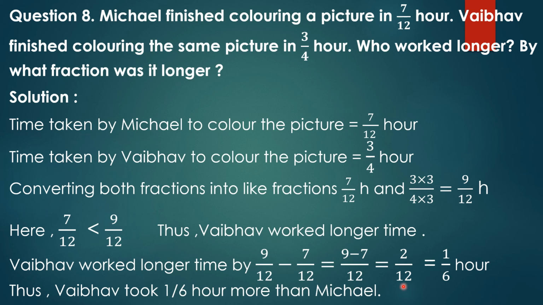So this will become 2 by 12, which equals 1 by 6 hour. Thus Vaibhav took 1 by 6 hour more than Michael. So he has taken more time compared to Michael, by 1 by 6 hour.